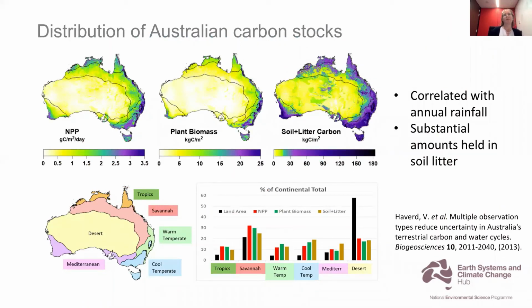Okay, so just a bit of background now. This is some earlier work we did quantifying the spatial distribution of plant productivity across the continent, plant biomass and soil carbon stocks. And in large part, these are not correlated, certainly related to annual rainfall, and substantial amounts of carbon are held in soil and litter.